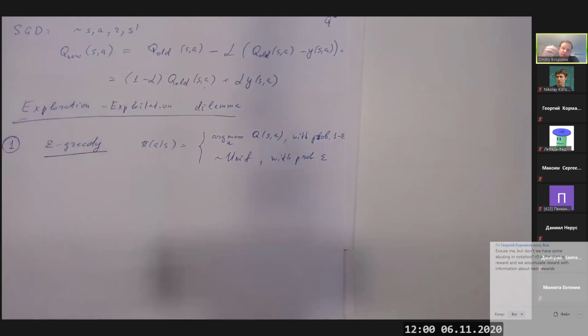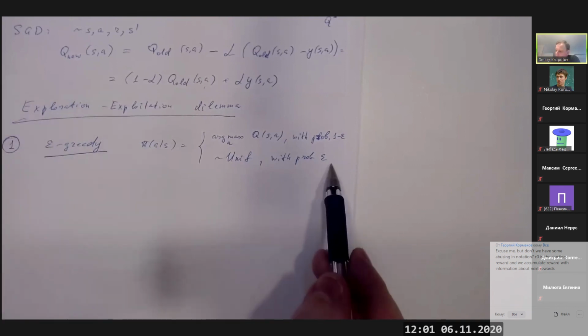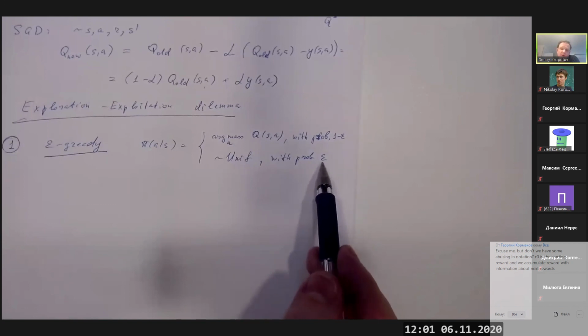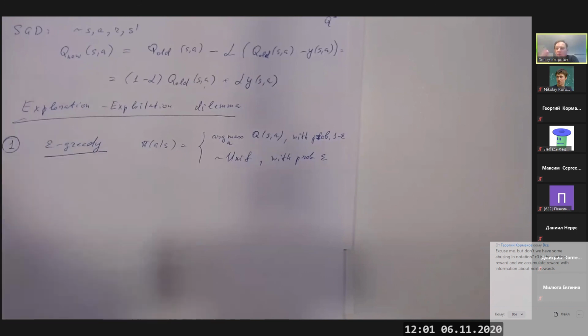And during the learning algorithm, you may reduce this epsilon value. You may start with an epsilon value close to 1, so you are trying different actions, exploring at a higher rate.